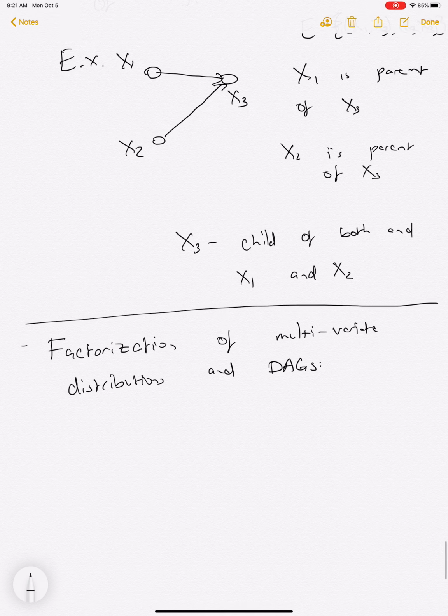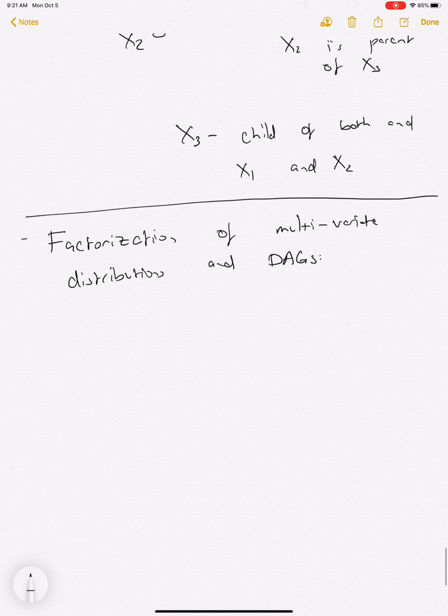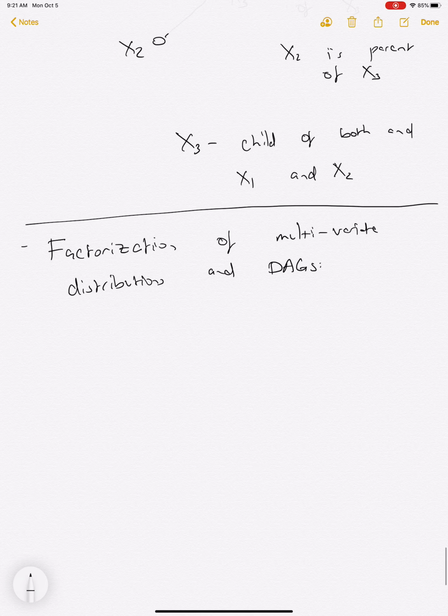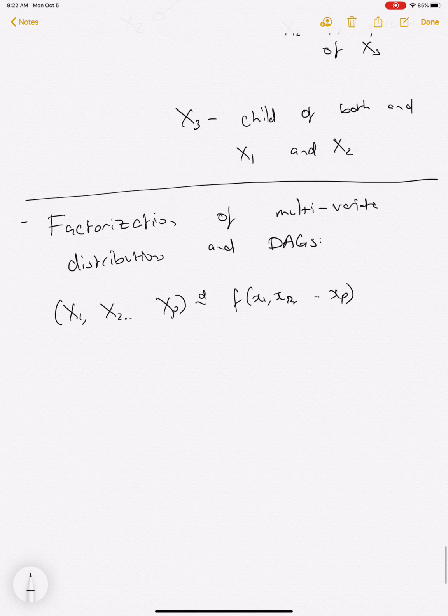So the next thing that's going to be important in defining our DAG from the distribution is this notion of factorization of multivariate distributions in DAG. For now, we're just going to drop the parameter. We're going to reintroduce that later. So x1 through to xp has this joint PDF, f of x1 through to xp.